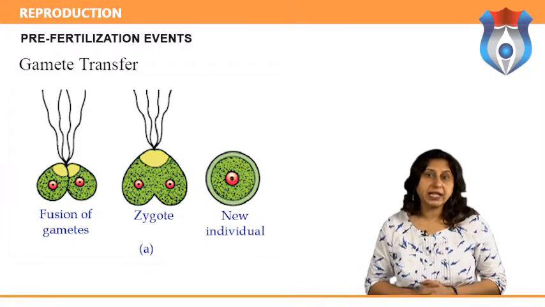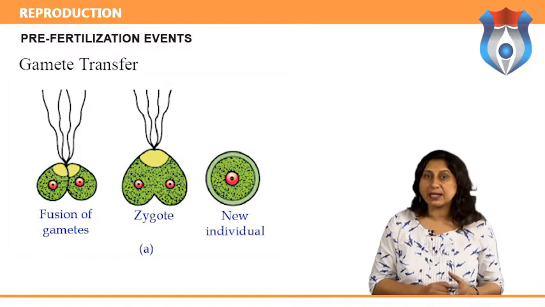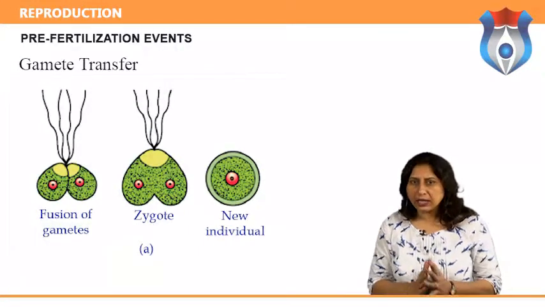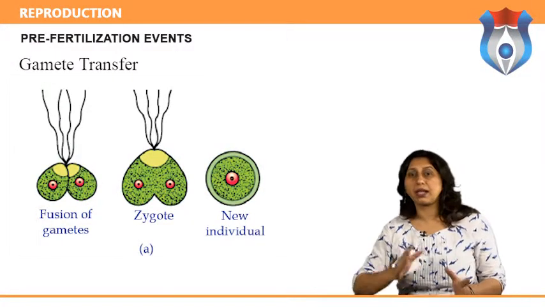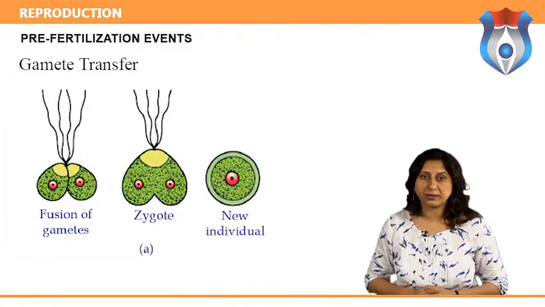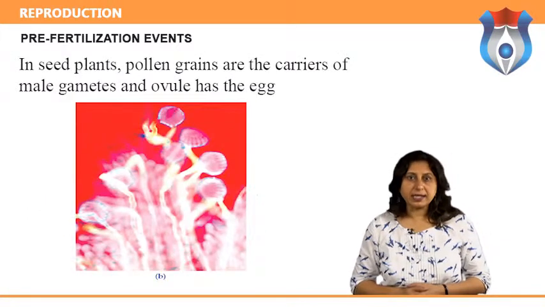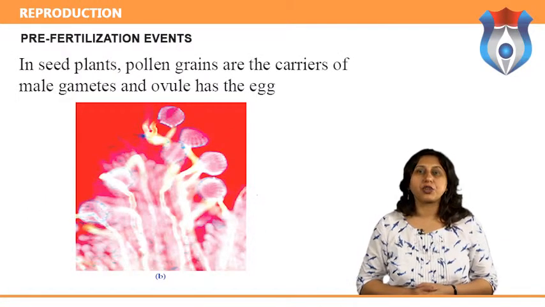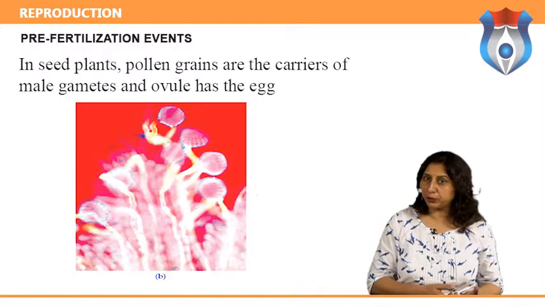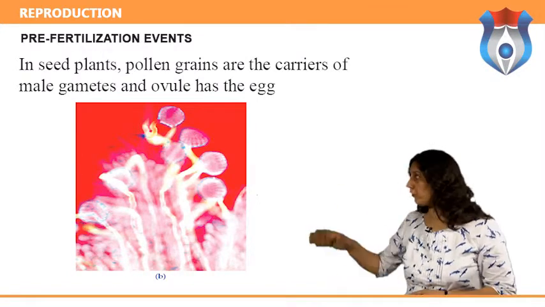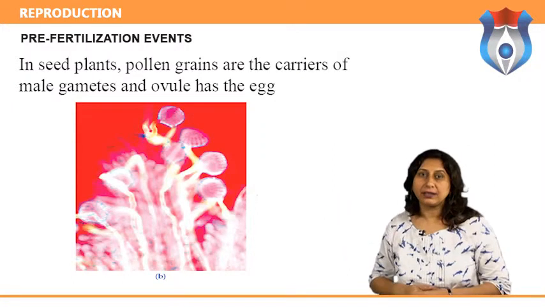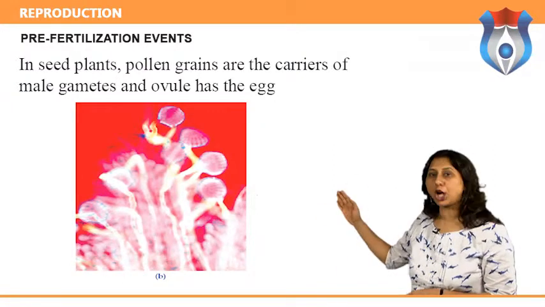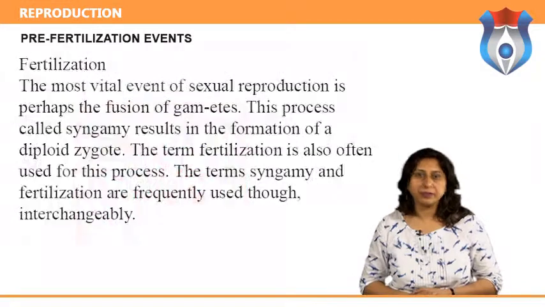To compensate this loss of male gametes during transport, the number of male gametes produced is several thousand times the number of female gametes produced. In seed plants, pollen grains are the carriers of male gametes and ovule has the egg. Photos here show homogametic contact in alga, germinating pollen grains on the stigma of a flower.